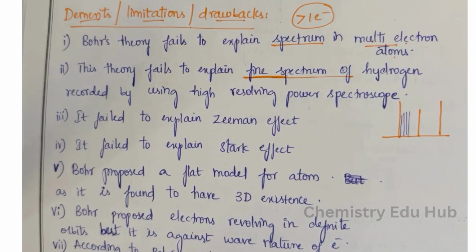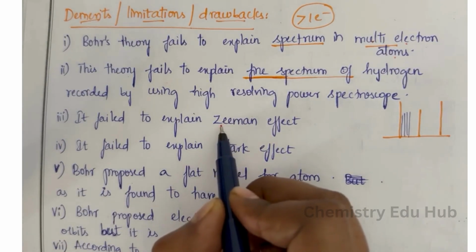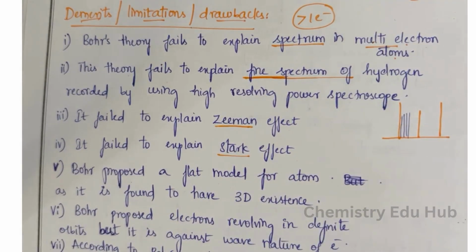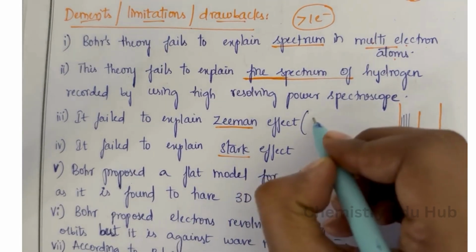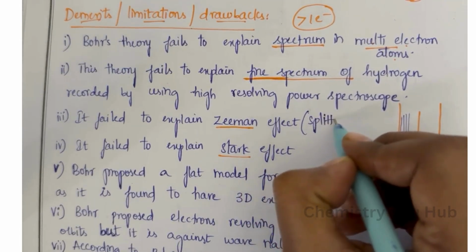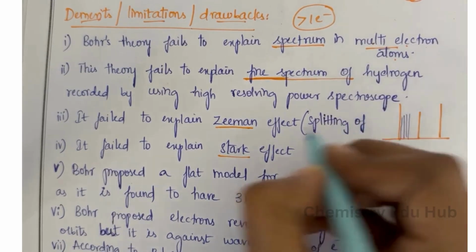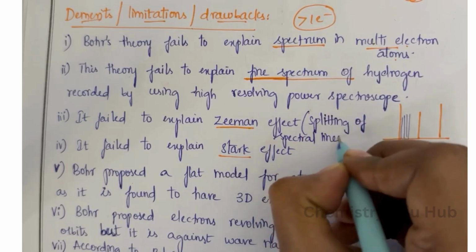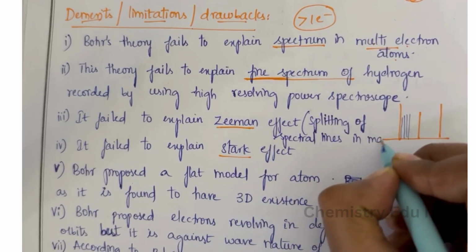So it's a failure. Next, it failed to explain the Zeeman effect and Stark effect. Now what is Zeeman effect? It is the splitting of spectral lines in the presence of magnetic field.